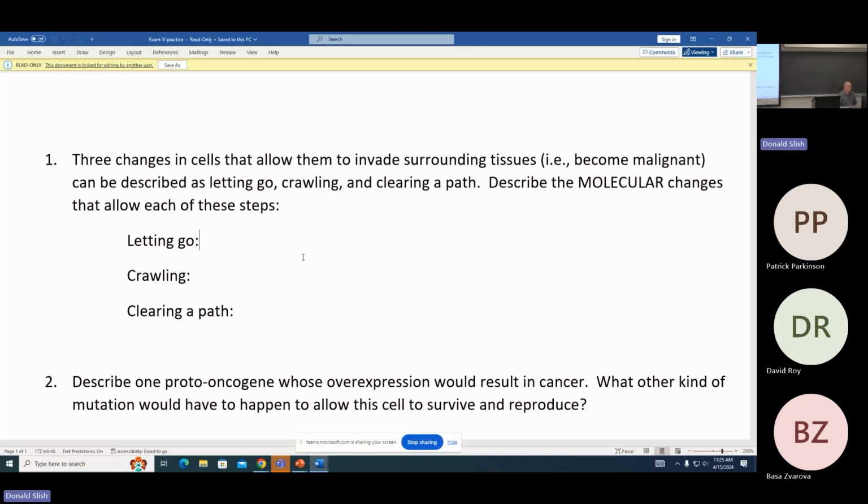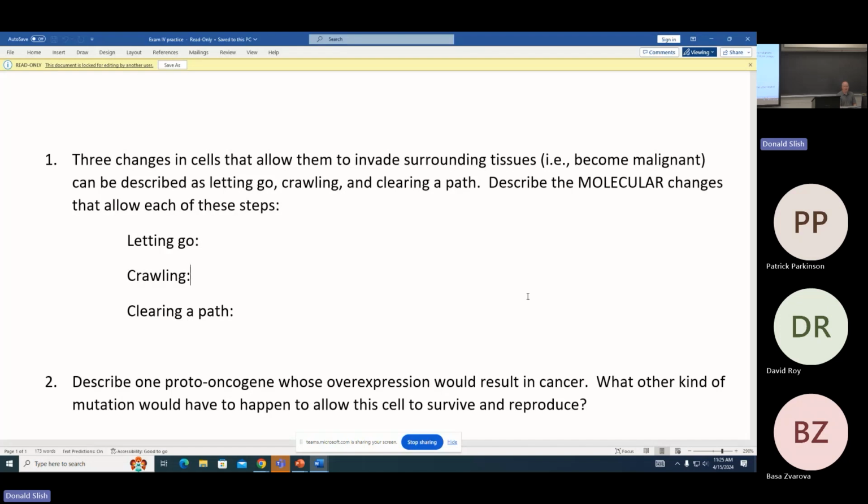Exactly. That's Patrick, right? Yes, sir. So we're talking RAC, RHO, CDC42, everything we talked about in chapter 3 on cell crawling, that gets activated. And like he said, filamin and gelsolin and all those ARPs.